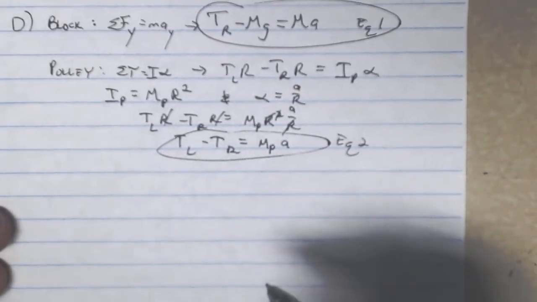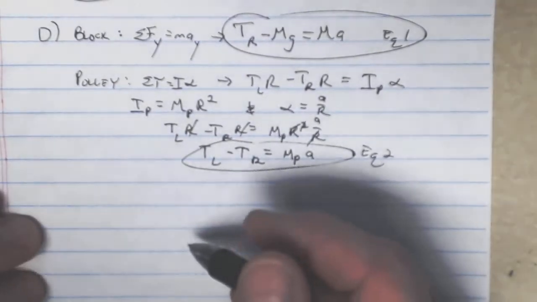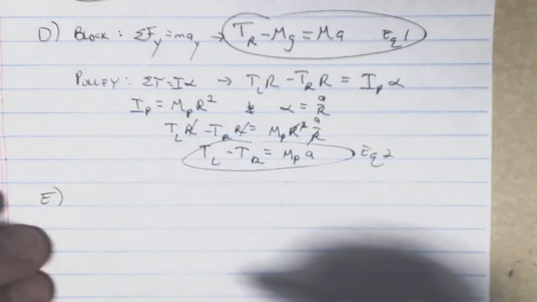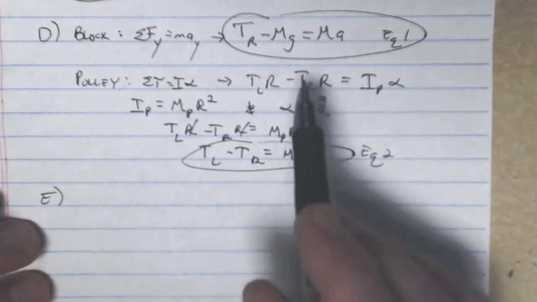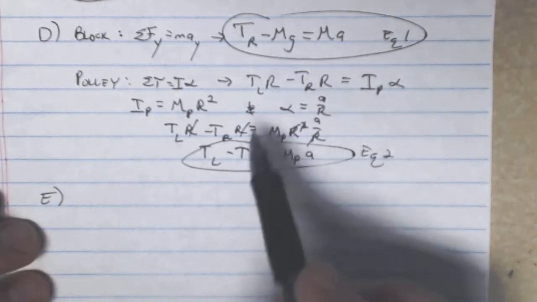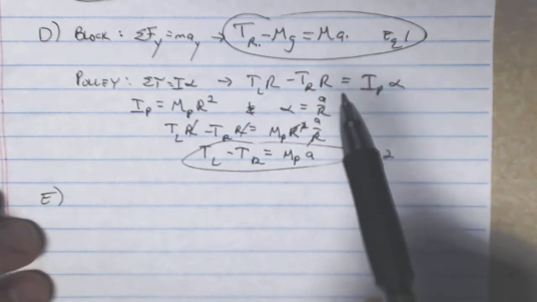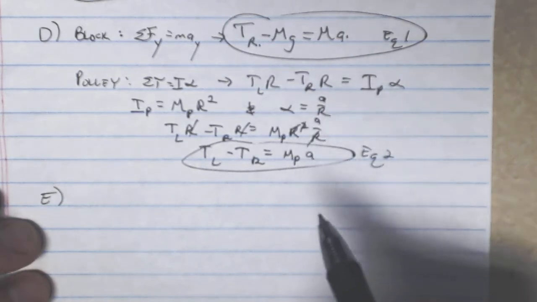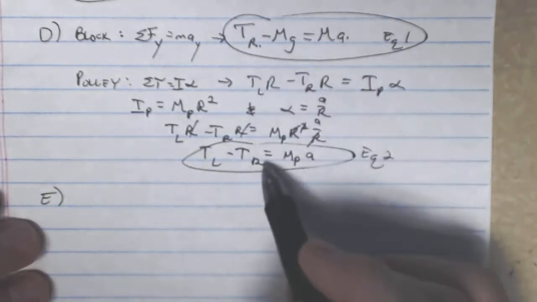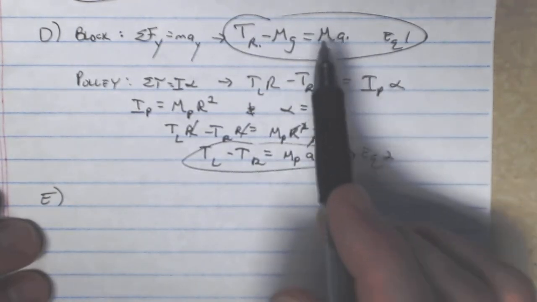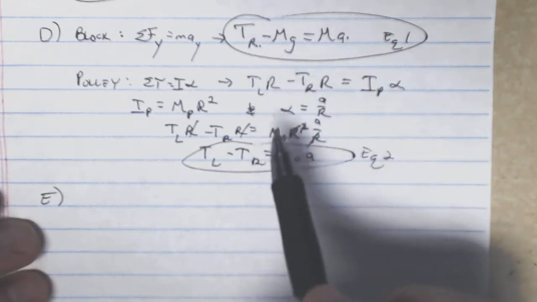Okay, so now let's continue with part E. Part E says, okay, now go ahead and solve these two equations for the tension in the right part of the string and the acceleration of the block as it accelerates upwards. So you look at these two expressions and you see how you can simplify them. Well, TR appears as plus here and minus there.